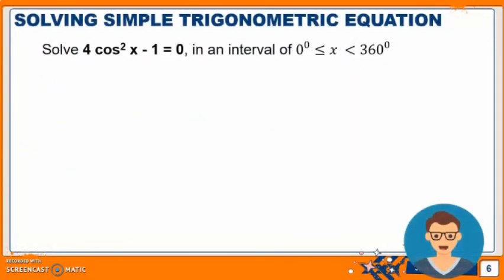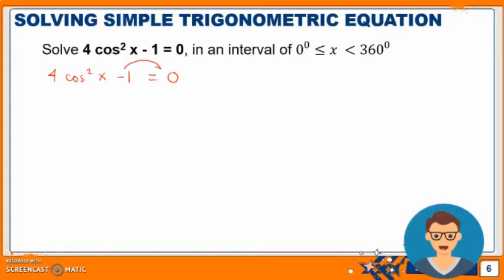Let us solve 4 cosine squared x minus 1 is equal to 0 in an interval where x is greater than or equal to 0 degrees but less than 360 degrees. Let's write our given, that is 4 cosine squared x minus 1 is equal to 0.